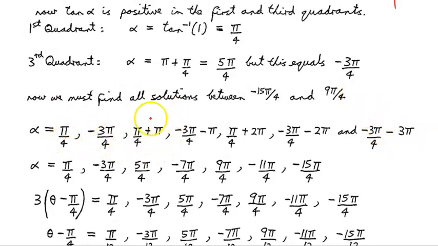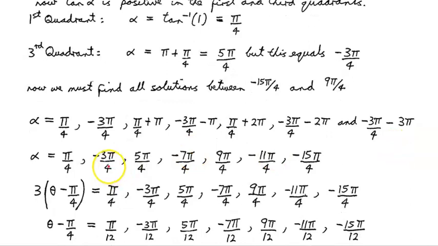Then for the next revolution, we add a pi to both, and then 2 pi, and then one more, we add 3 pi. So what we get is pi on 4, minus 3 pi on 4, 5 pi on 4, minus 7 pi on 4, 9 pi on 4, minus 11 pi on 4, minus 15 pi on 4, which agrees with what we found earlier. Here's the interval over which we're interested.